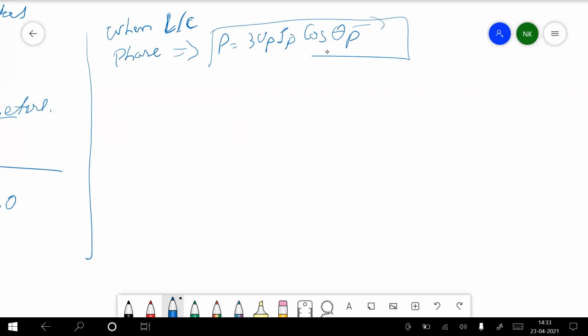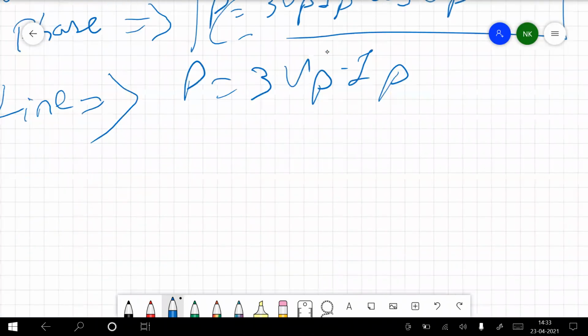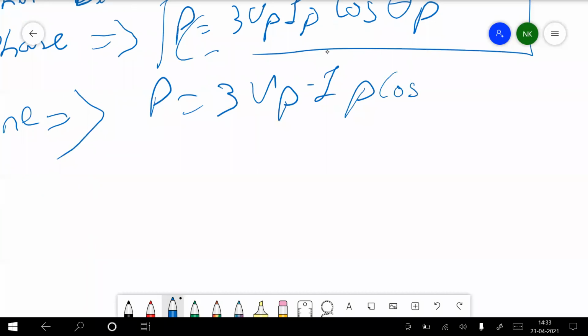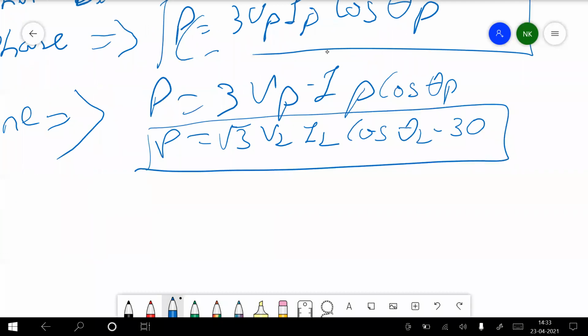For line, P equals 3 Vp Ip cos theta p, just we have to change the values: 3 VL IL cos theta L minus 30. This would be the value for this.